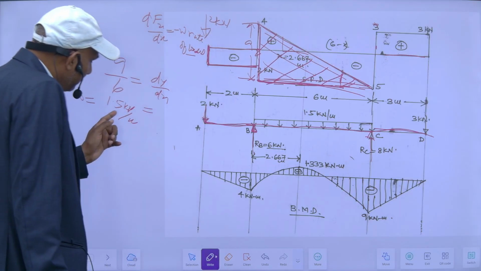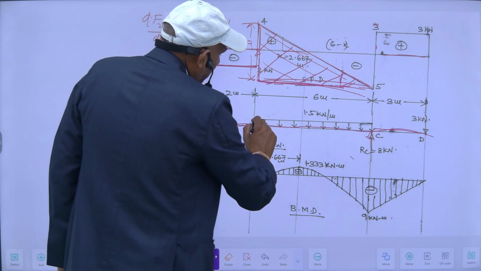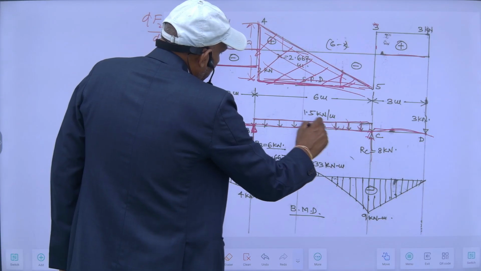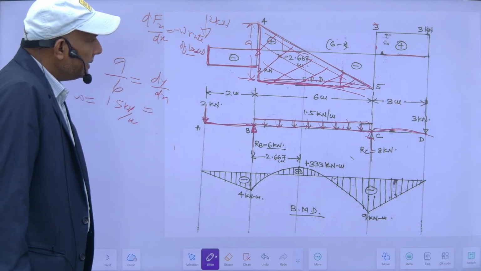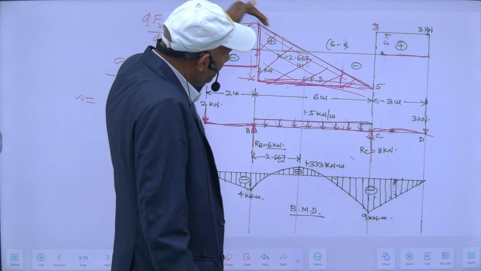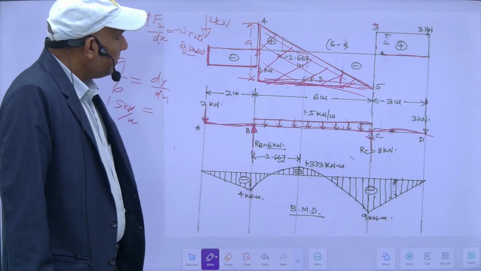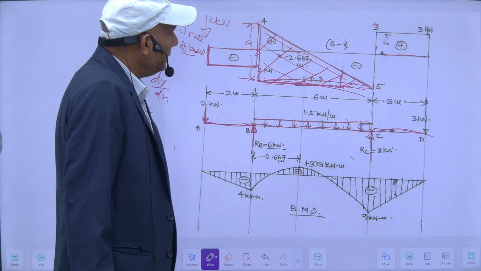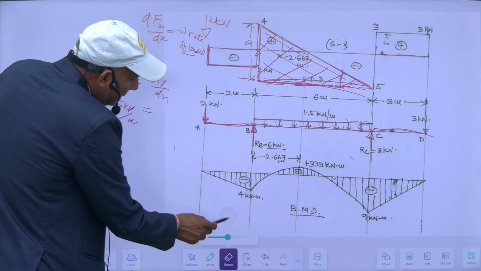So its slope is 1.5 kilonewton per meter. It means there is a UDL of 1.5 kilonewton per meter from here to here, and since no other load is acting here, my slope is constant. So there is a UDL and no other load in addition.